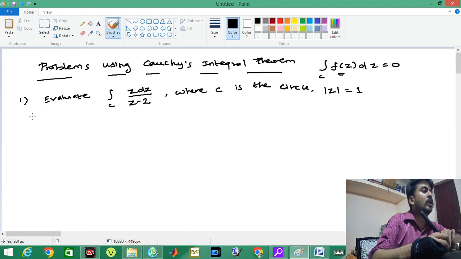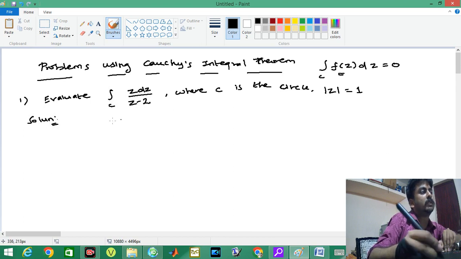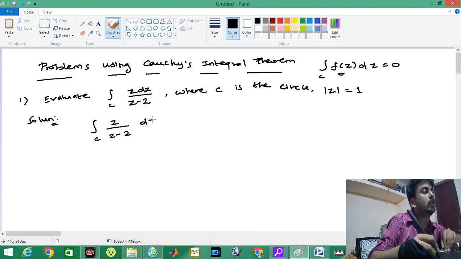Now we are going for the solution part. First we have to write this function in the form of integral over C of f of z dz. So I am writing it as integral over C of z by z minus 2 dz, which implies f of z equals z by z minus 2.